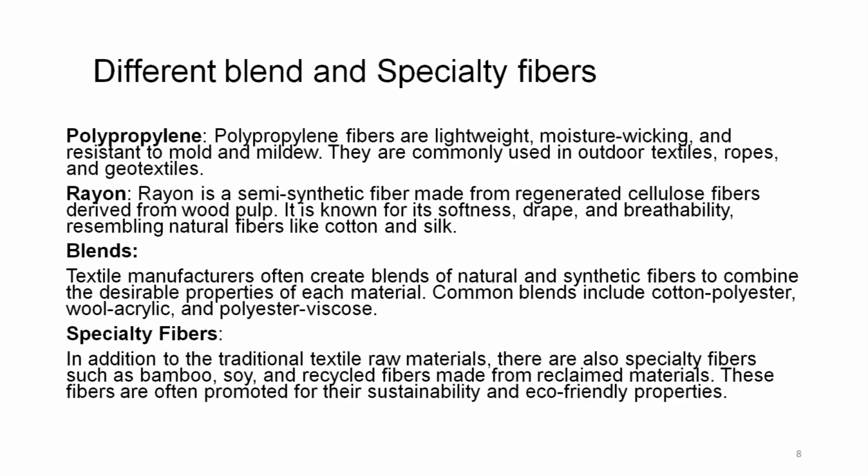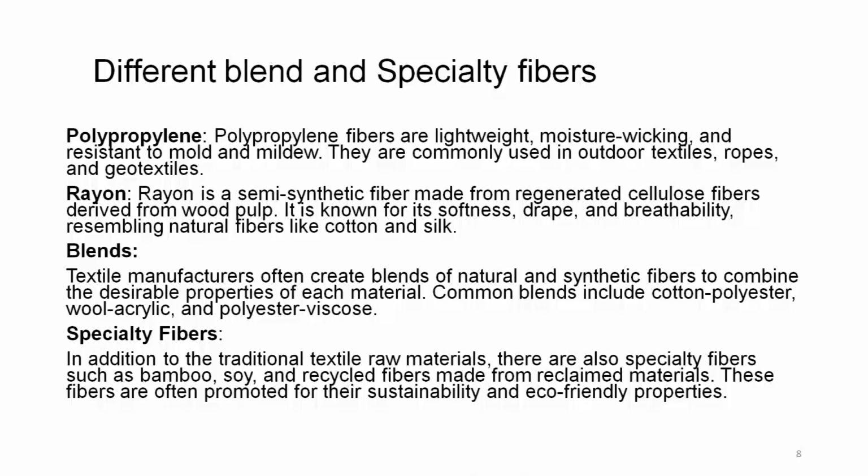So, either the textile manufacturer will use natural fiber or synthetic fiber, or he can have a choice of using blends of natural and synthetic, which are listed here as cotton polyester, wool acrylic and polyester viscose.